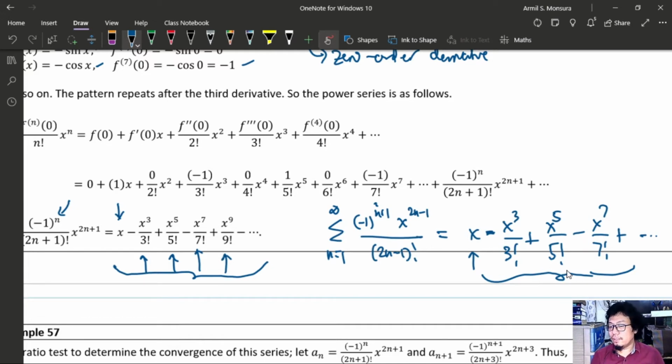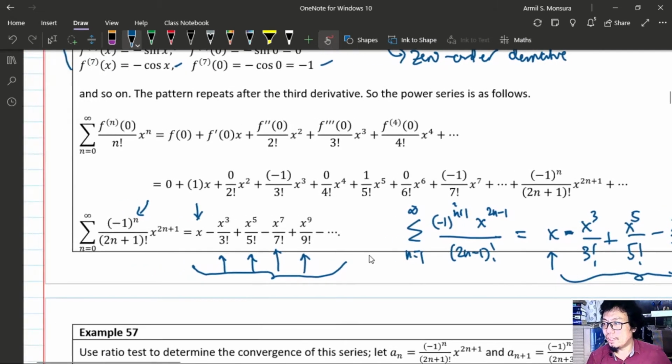Where you start, whether it's n equals 1 or n equals 0, is a matter of mathematical convenience, as long as you are explicit in saying that you're starting your series at n equals 1 or n equals 0. It won't matter. Although there are times that we really need to start at n equals 0, and times we start at n equals 1. It actually depends on the context of the problem that we are dealing with.